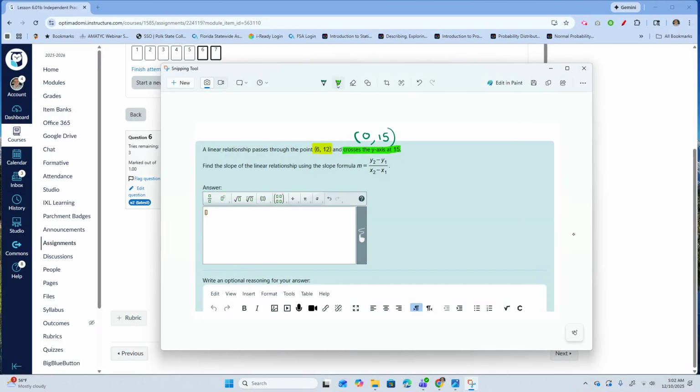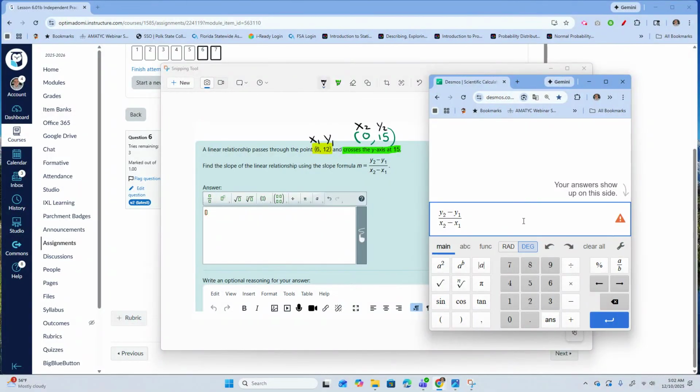So now what I'm going to do, I'm going to label the first pair of numbers. It's going to be my x1, y1, the one that I highlighted in yellow. And the second pair of numbers that I wrote in green is going to be my x2, y2. And then you're going to take the slope formula, and you're going to replace each of these letters.